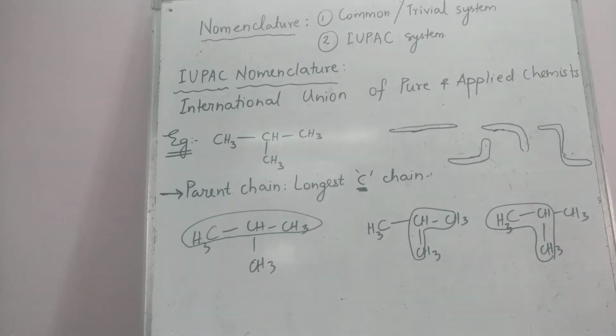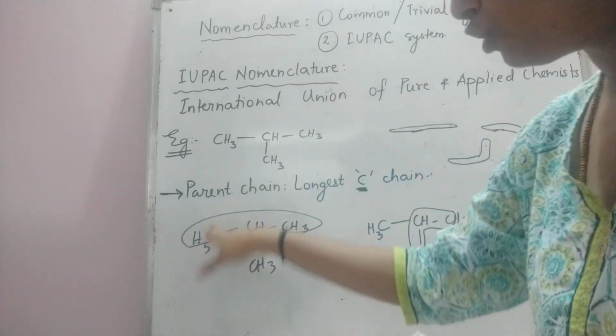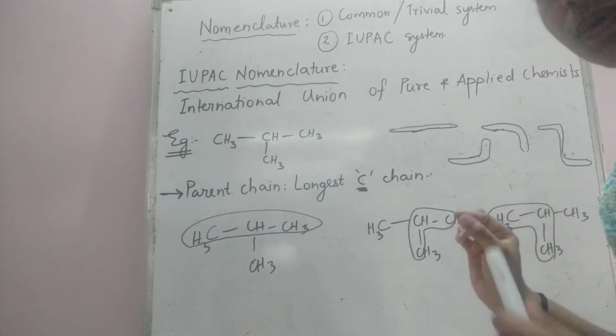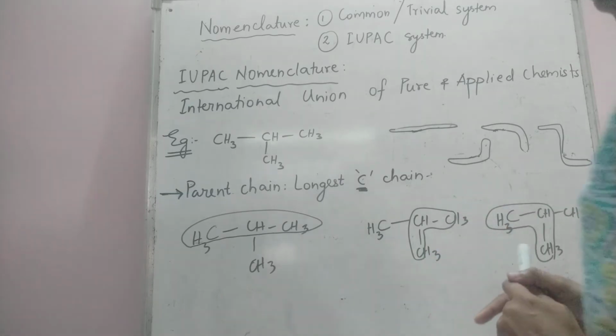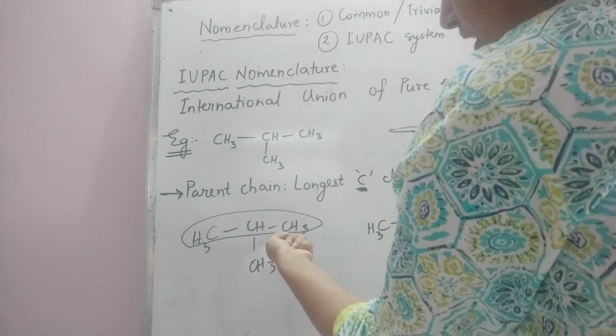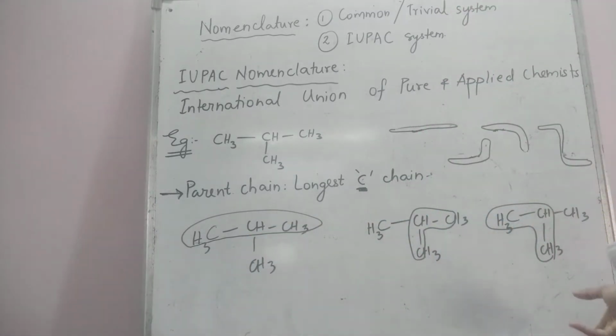No matter if this CH3 has come out of the marking, we are focusing only on carbon atoms. So how does this become the longest carbon chain? Because it contains 3 carbon atoms. This also contains 3 carbon atoms, and this also contains 3 carbon atoms.